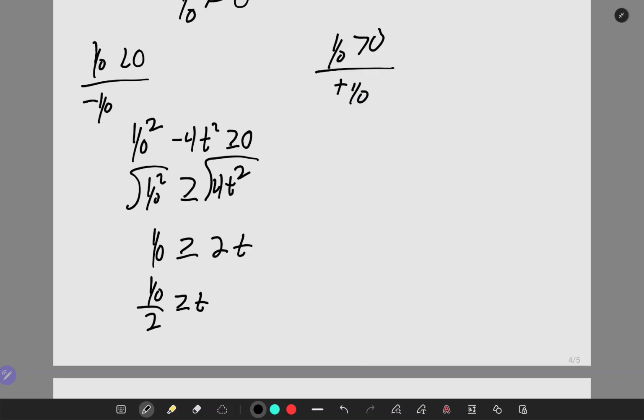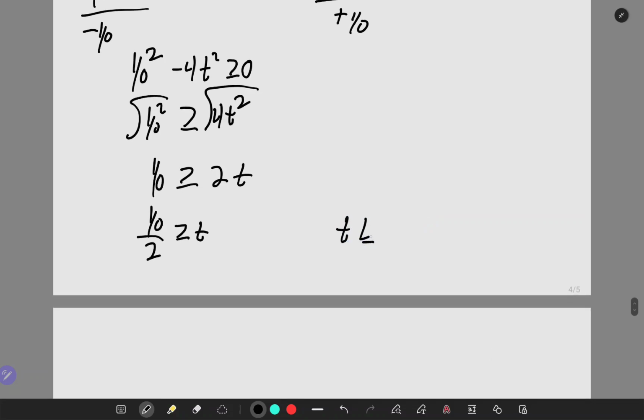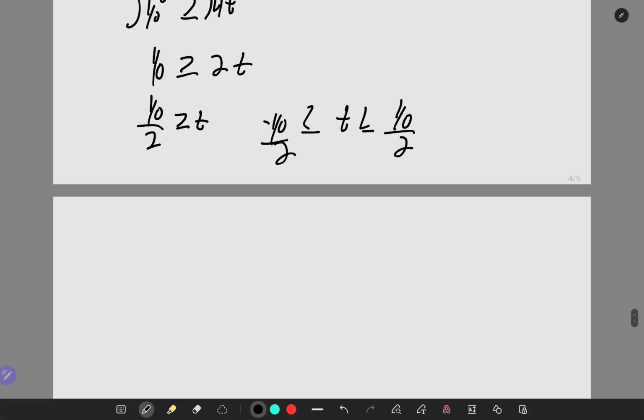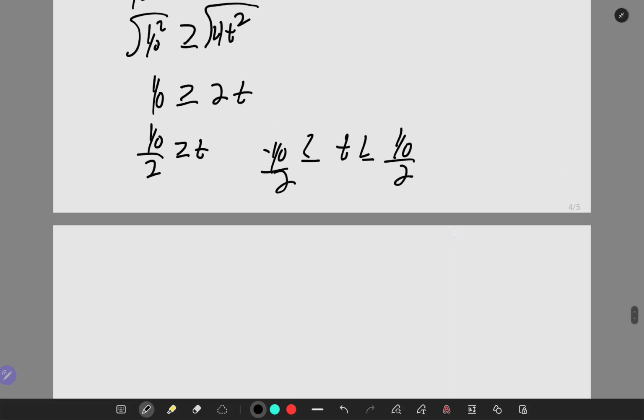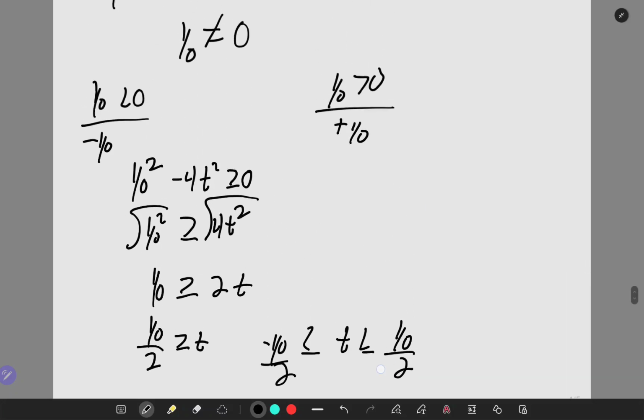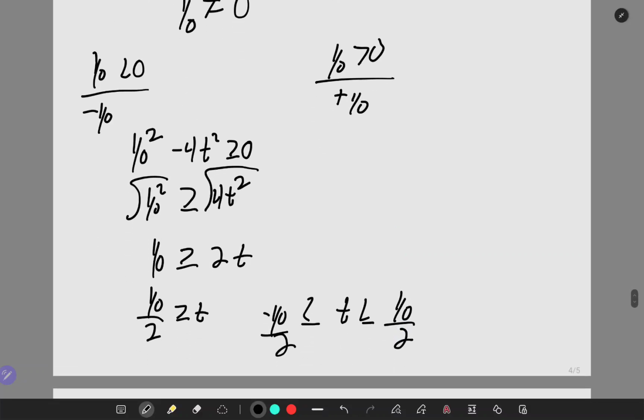Since t is less than the positive y naught over 2, it's going to have to be greater than the negative y naught over 2. So we excluded 0 for this. This is for our case where y naught is greater than 0, okay?